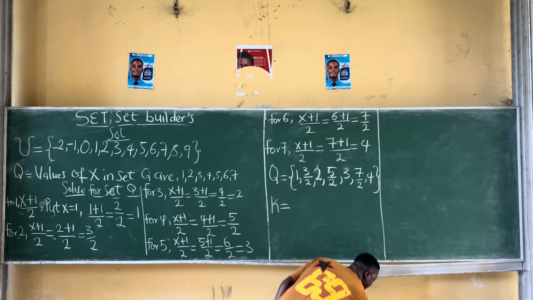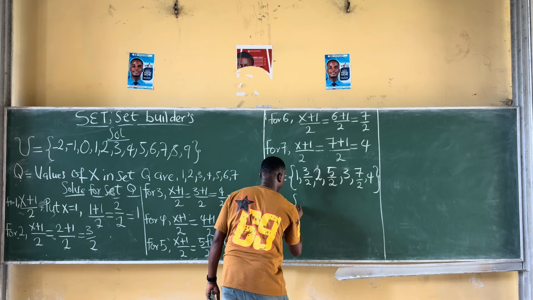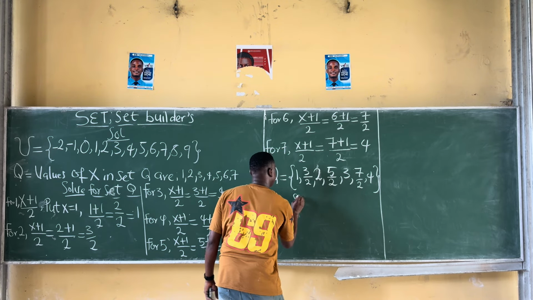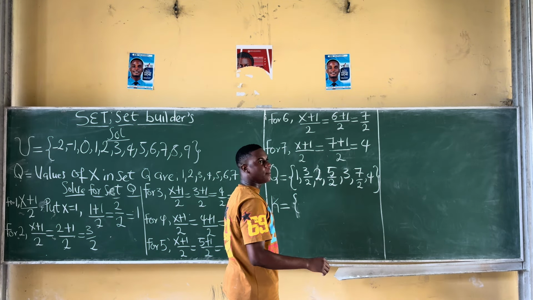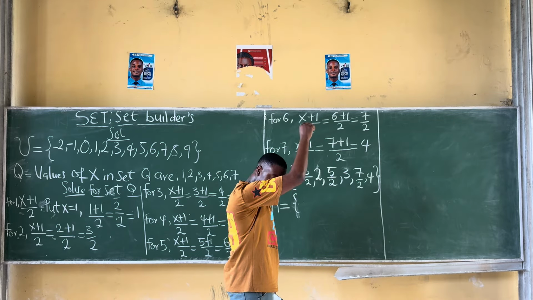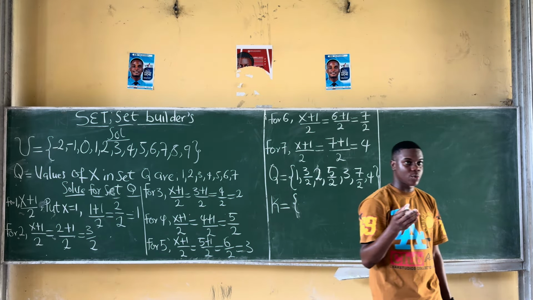Now set K. Define K for me. What does it mean? X is an even number less than 10. You may be tempted to start with 2, right?